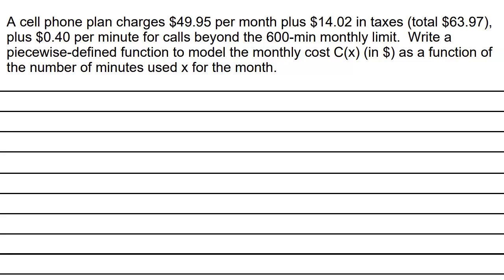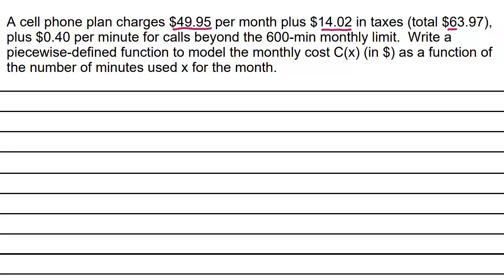Whether we pay the bill individually or if somebody else pays the bill, that may be a different story, but we can all pretty much understand something about the cell phone. So a cell phone plan charges $49.95 per month plus $14.02 in taxes.